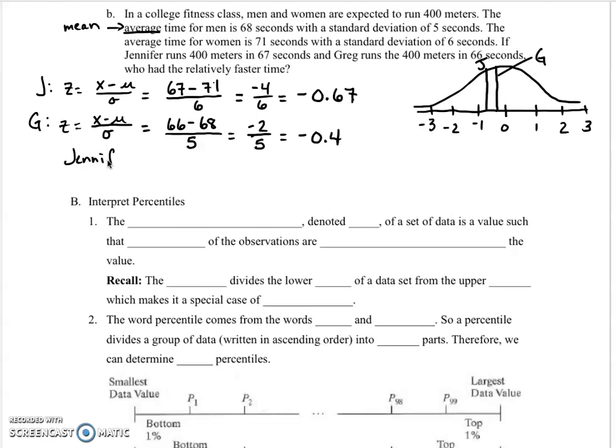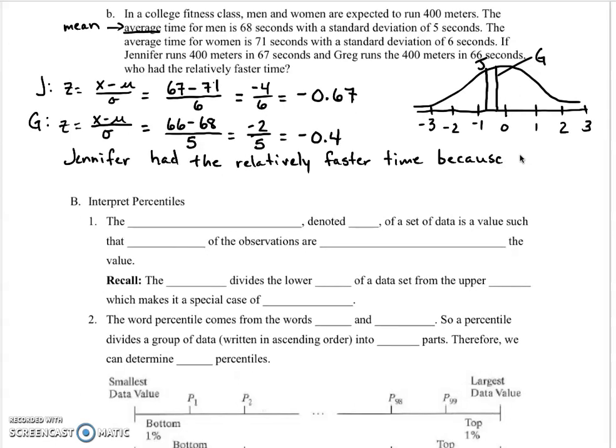So Jennifer had the relatively faster time because she was further below the mean. In other words, her z-score was lower.